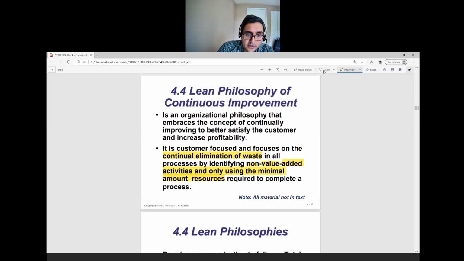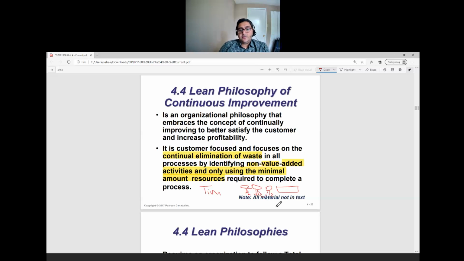Now, the lean philosophy is, so I always like to give the example of, say, Tim Hortons. Now, in Tim Hortons, how it works is there is a counter, and whenever you go there, you stand in the queue before reaching the counter and then placing the order for your food.